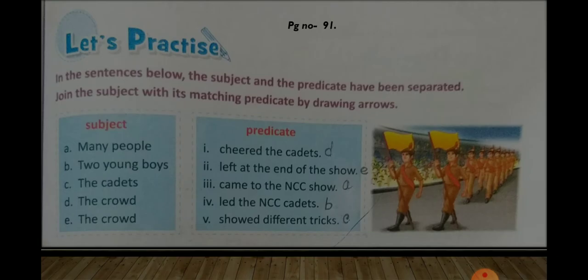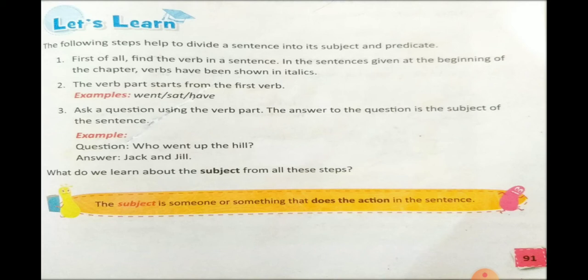So I hope you all have completed it. Now on the same page you will see let's learn. So here are some very simple steps for finding out the subject and predicate from a sentence. The following steps help to divide a sentence into its subject and predicate.